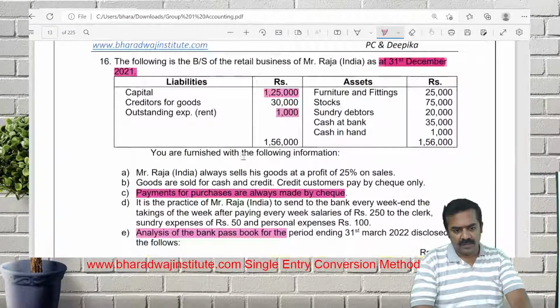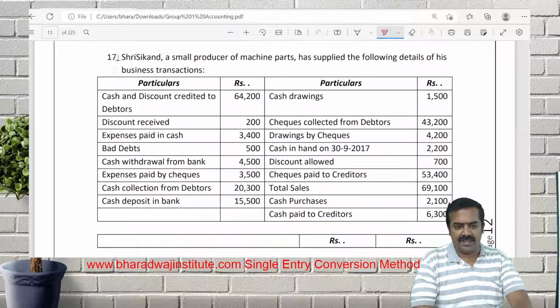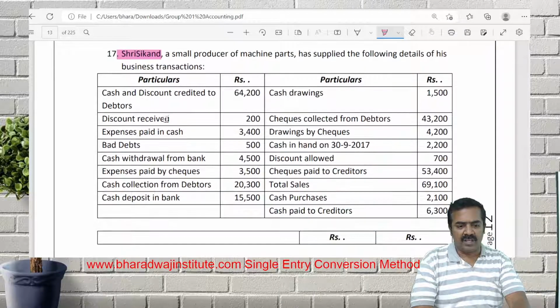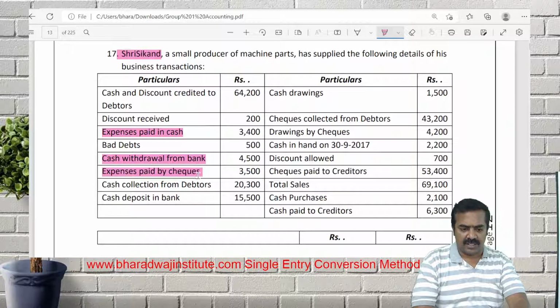Done. Question number 17 is supposed to be the homework question. Here we are given expenses paid in cash, cash withdrawn from bank, expenses paid by cheque, cash collected from debtors, cash deposited in bank, cash drawings, cheques collected from debtors, drawings by cheque.